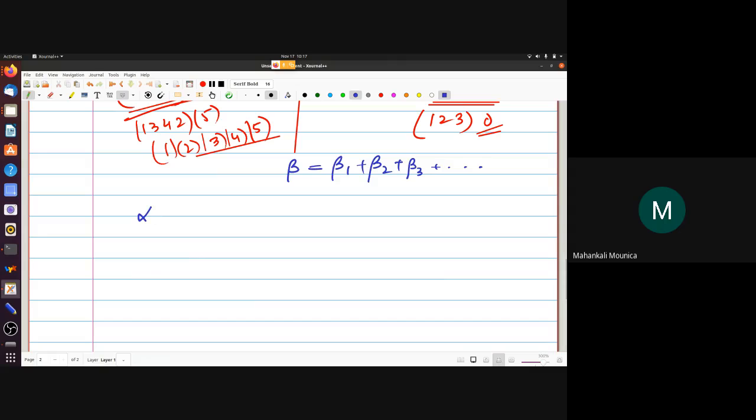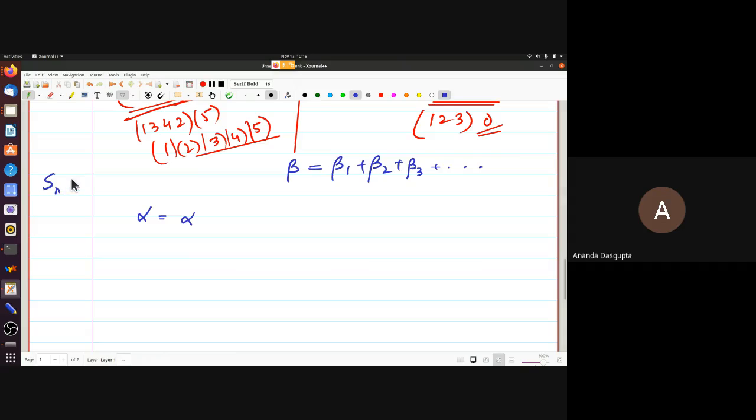Yes, sir. All you really need is, remember our class in Sn is characterized by alpha 1 cycles, beta 2 cycles, and so on. Then the alpha 1 cycles must come from somewhere. So there will be alpha 1 cycles in S lambda 1, alpha 2 in S lambda 2, alpha 3 in S lambda 3, and so on.